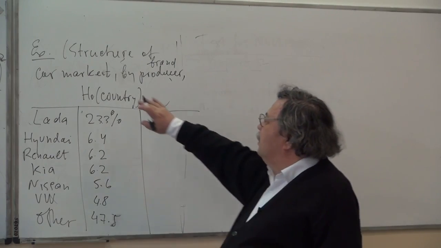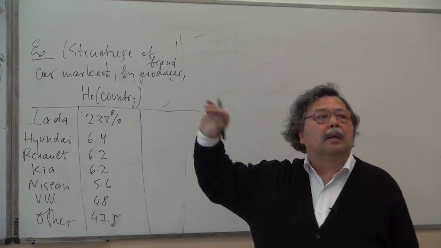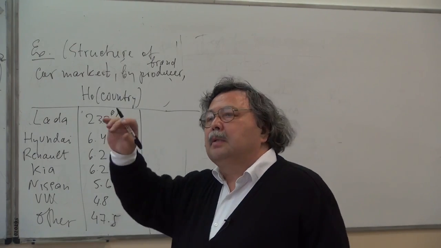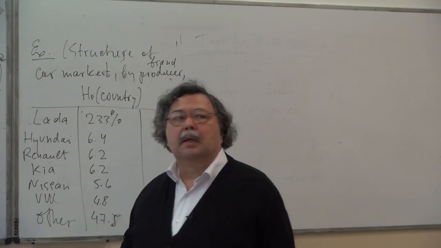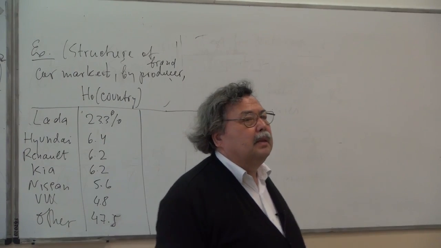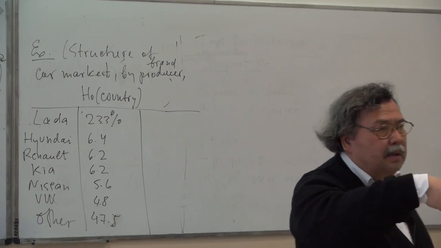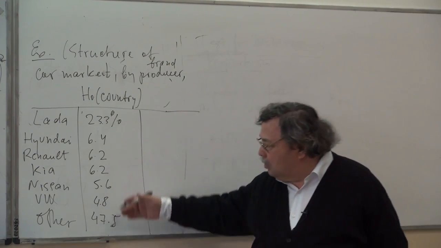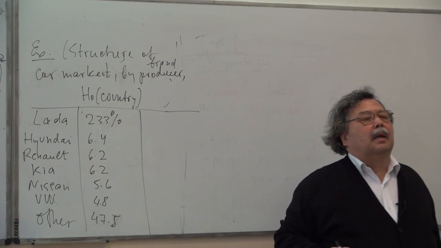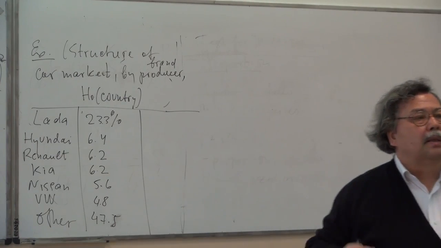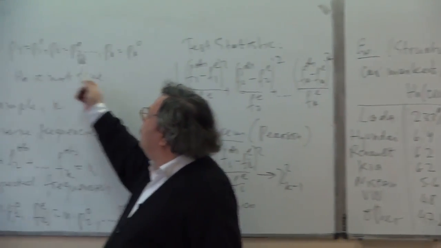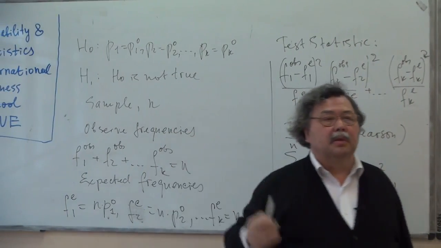But we are looking at a certain particular region, and the question that we ask is this: is the multinomial proportion, the structure of the car market with respect to brand in this region the same as in the country as a whole? So this known multinomial proportion is used as this hypothesized, this null hypothesis here.